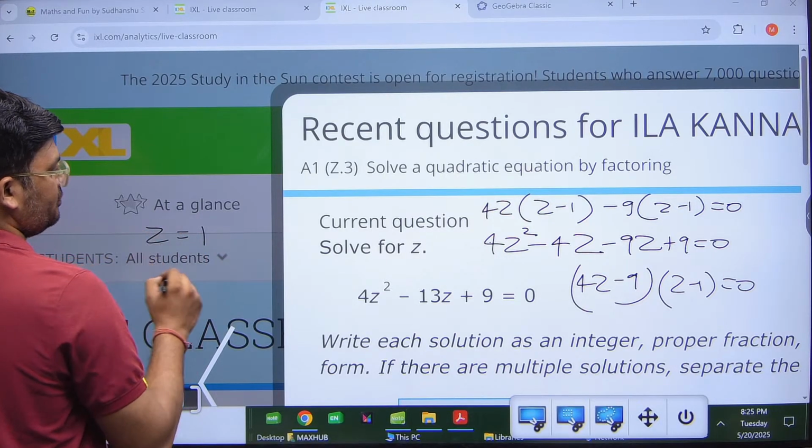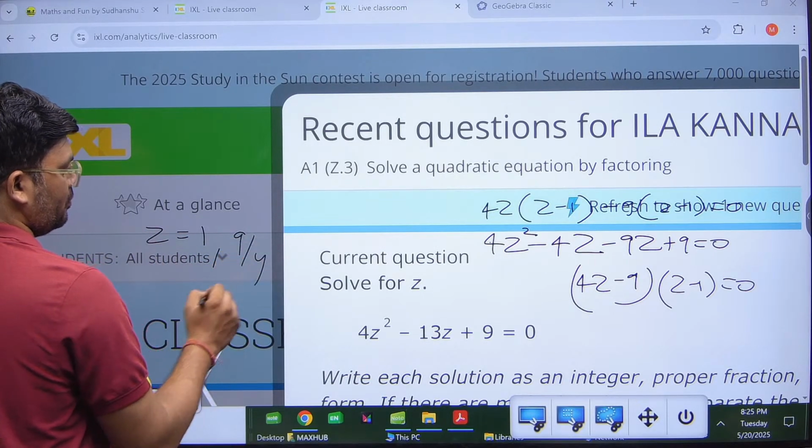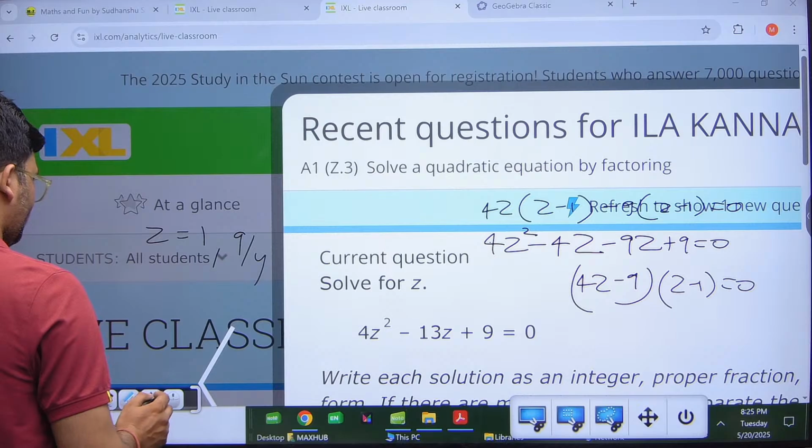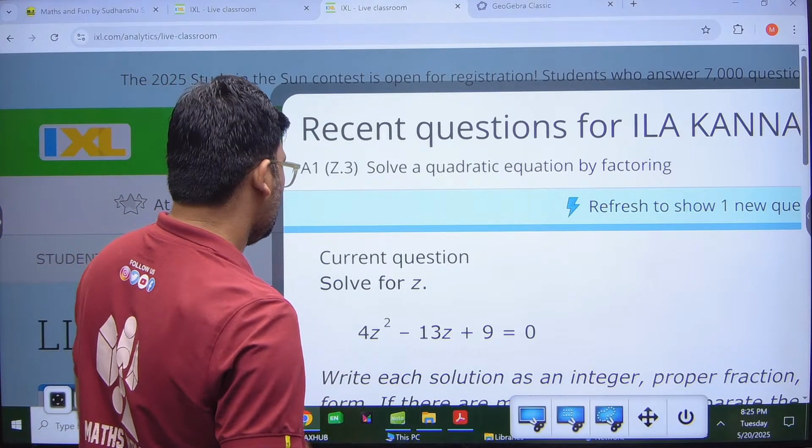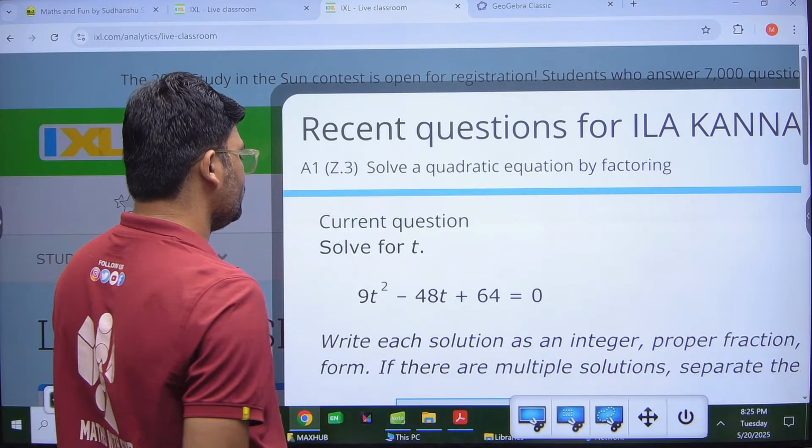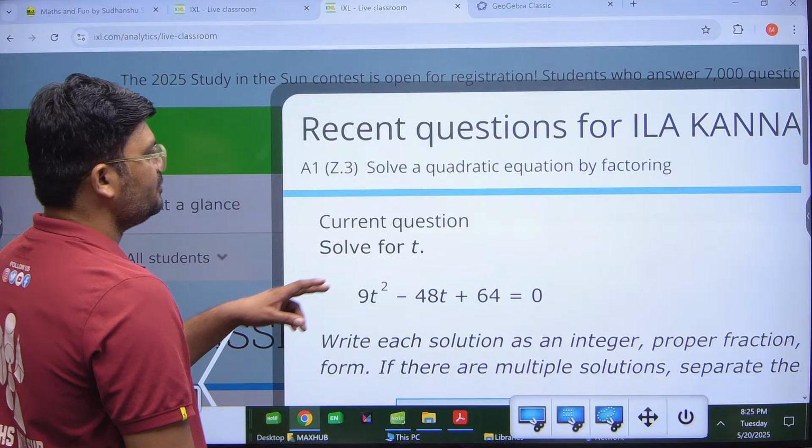So I think Z is equal to 1 comma 9 by 4. Yeah, it is. Wonderful. So now I hope you can do all kinds of these questions. Let's move to the next sheet.